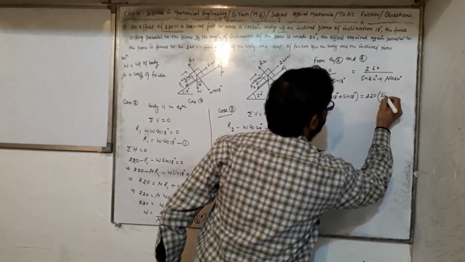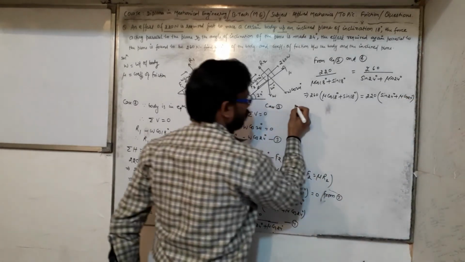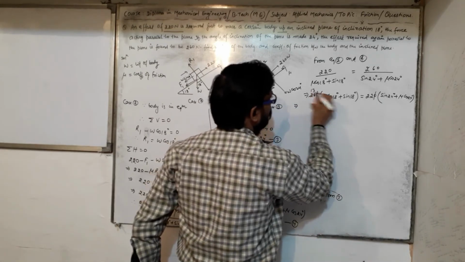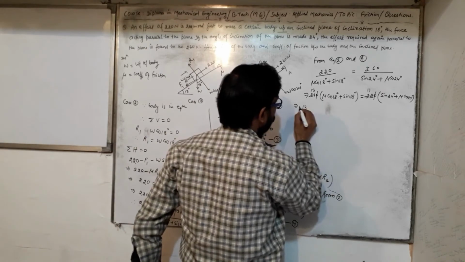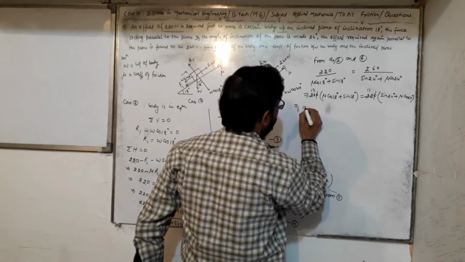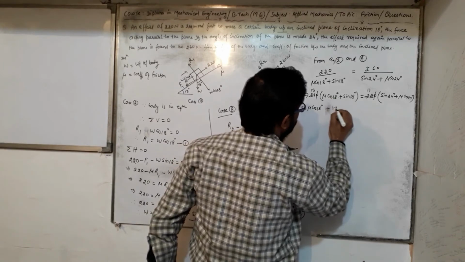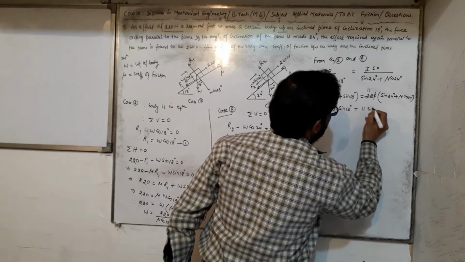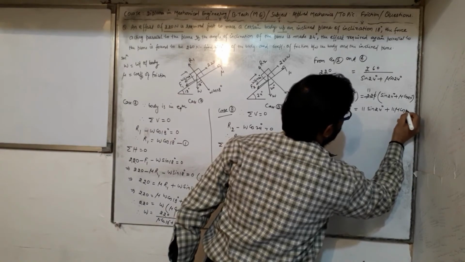Cancelling the 0, 26 and 22 become 13 and 11. So 13 mu cos 18 degree plus 13 sin 18 degree equals 11 sin 24 degree plus 11 mu cos 24 degree.